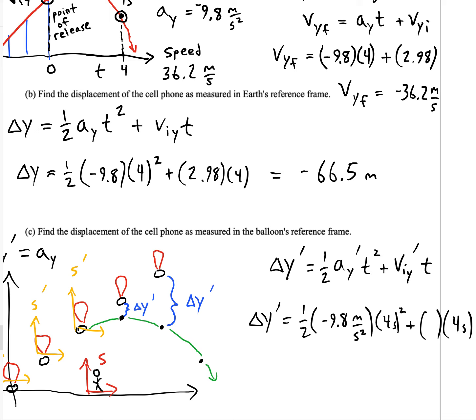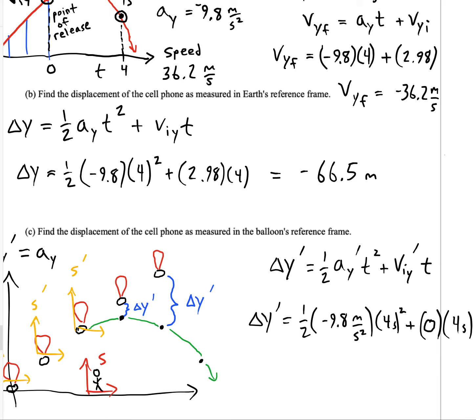As the cell phone is rising with the balloon operator, what is that cell phone's velocity relative to the balloon operator is the idea. Yeah, it would be 0 because the cell phone and the operator are traveling together. Does that make sense? So the cell phone's not moving up or down relative to that operator.